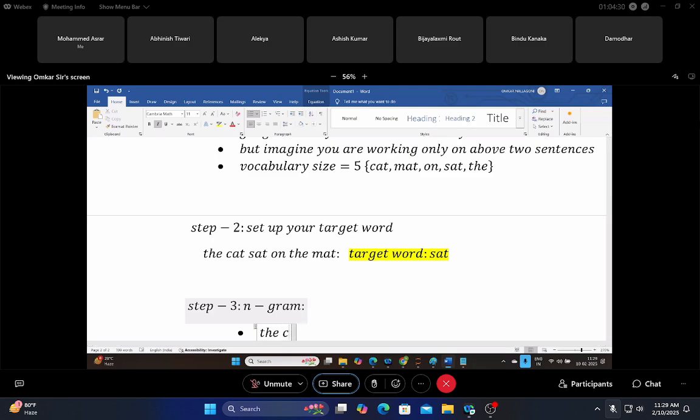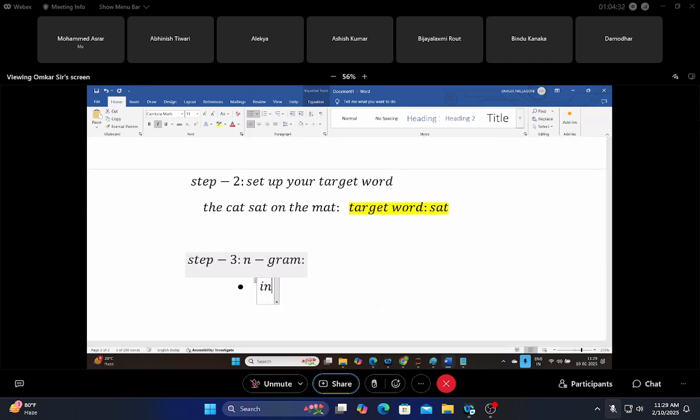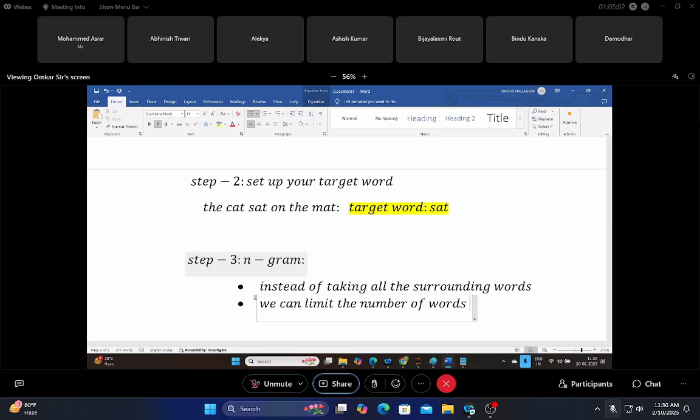Instead of taking all the surrounding words, we can limit the number of words. That is called n-gram.